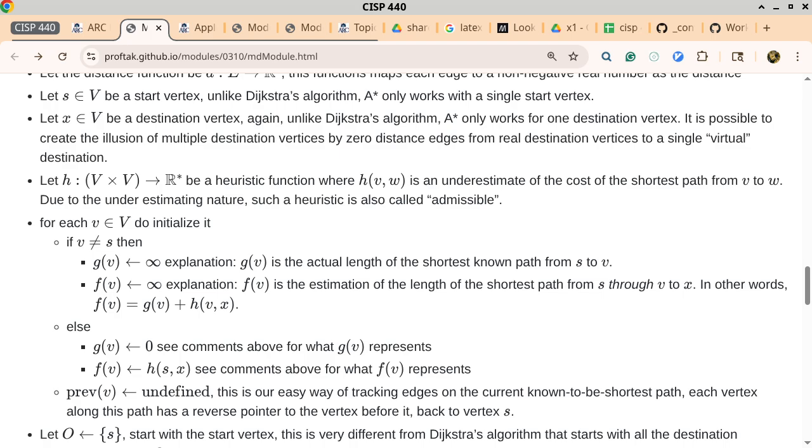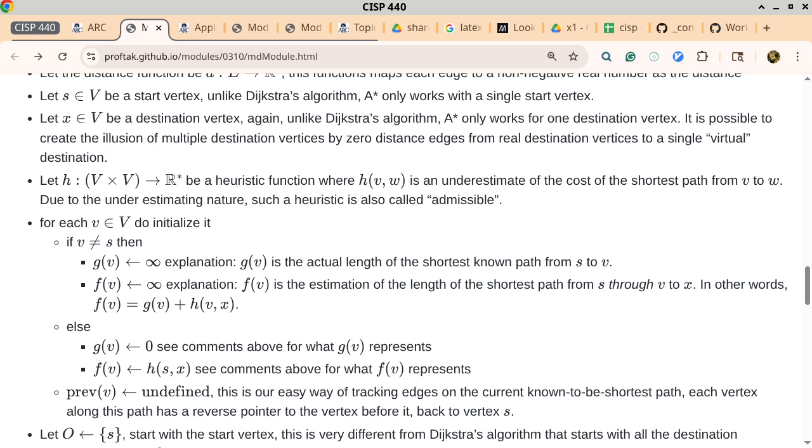Instead of using the destination to start with, we're using the start vertex. So if the G value is the actual length of the shortest path from S to V, then what is the F value? The F value is a little bit more complex, because the F value is the estimated length of the shortest path from S to the destination through V.